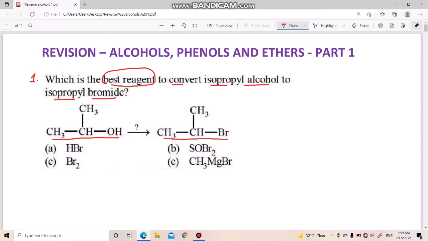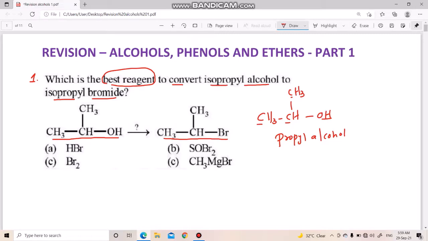First, isopropyl alcohol, CH3CH(OH)CH3. 1, 2, 3 carbon propyl OH alcohol.